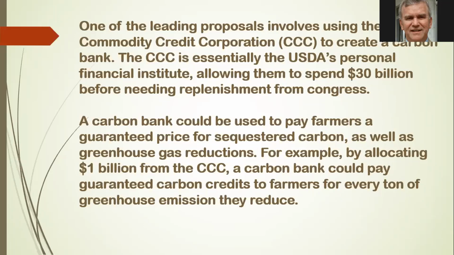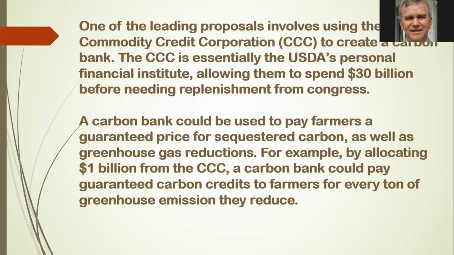Through the Department of Agriculture, the USDA, there are mechanisms within the USDA that already exist, which could sponsor a carbon bank. And the proposed initial funding would be $30 billion US dollars. This is being discussed now within the government of the United States.